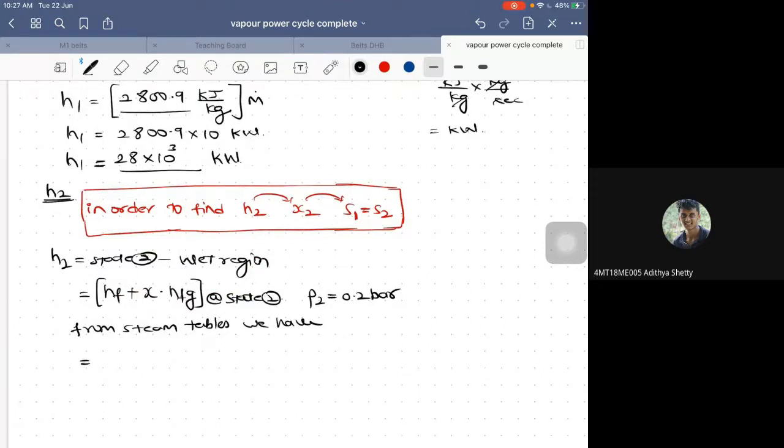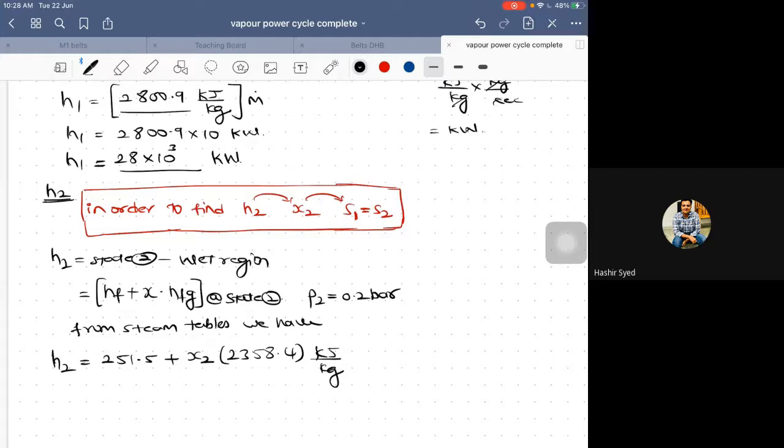Please give me the values of hf and hfg at 0.2 bar. 251.5 is the value of hf plus x2 into 2358.4. So all this would be in kilojoules per kg. Remember this. Whatever value you get, it would be in kilojoules per kg.